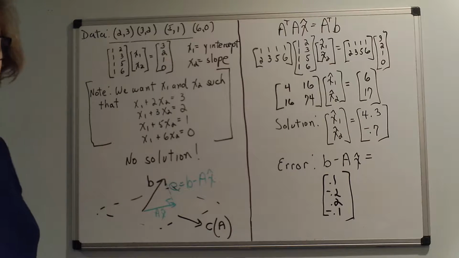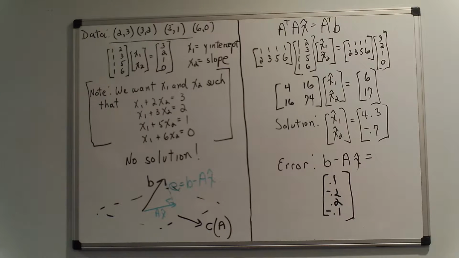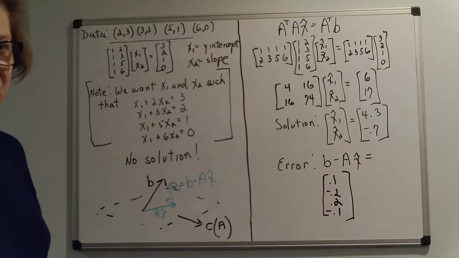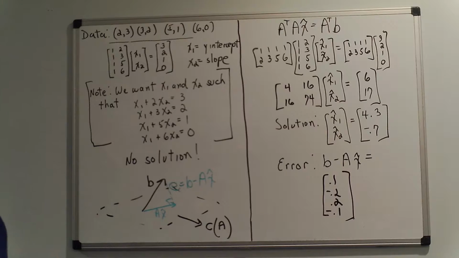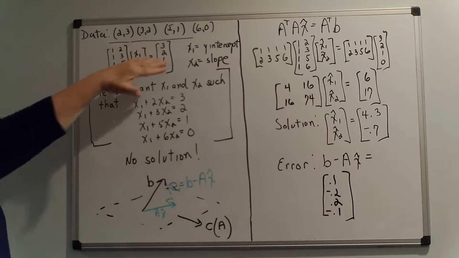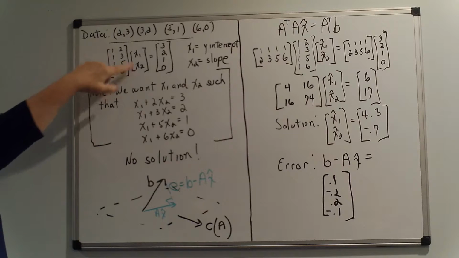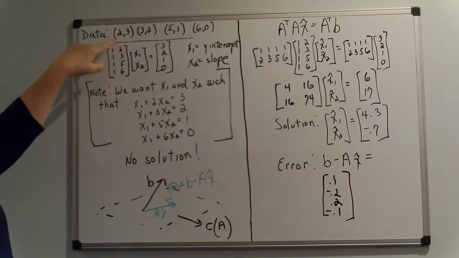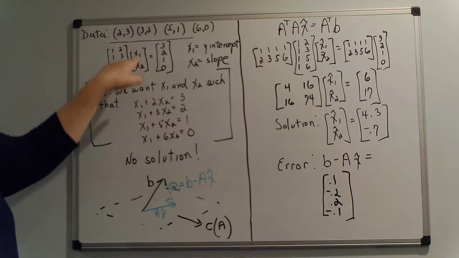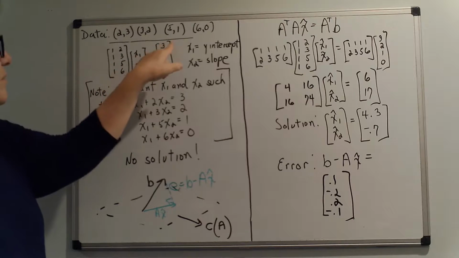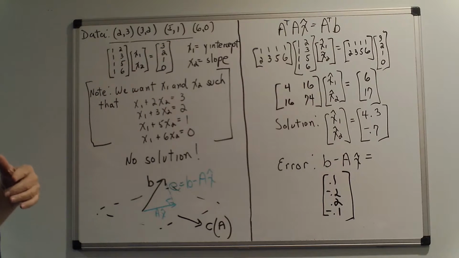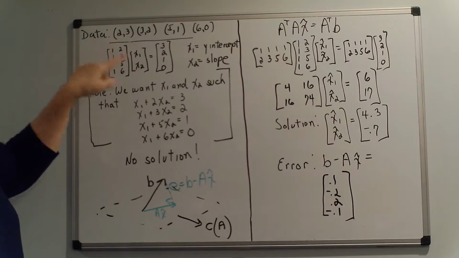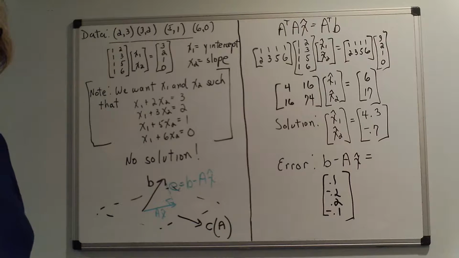So this is how we'll do that. First of all, we're going to set up a system of equations to solve. So here's our system of equations. This matrix times x1 and x2, equal to 3, 2, 1, 0, represents, each of these rows represents an equation for a line.